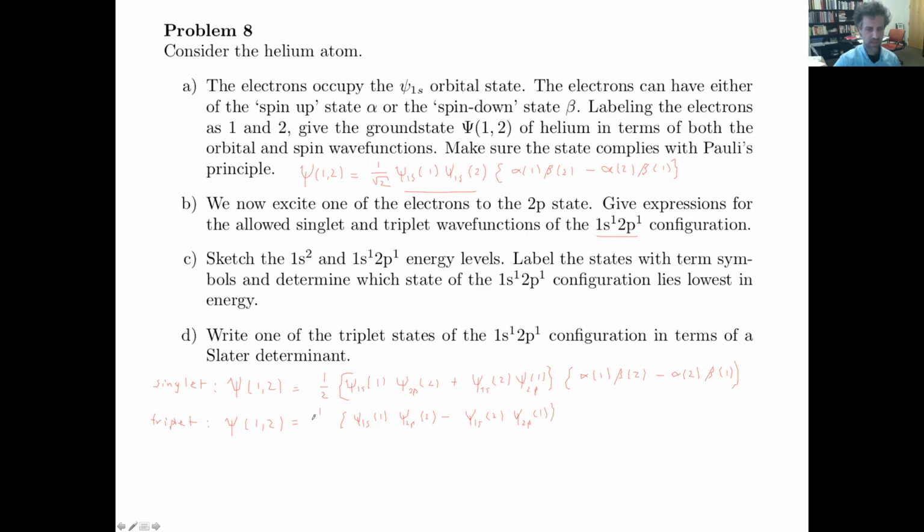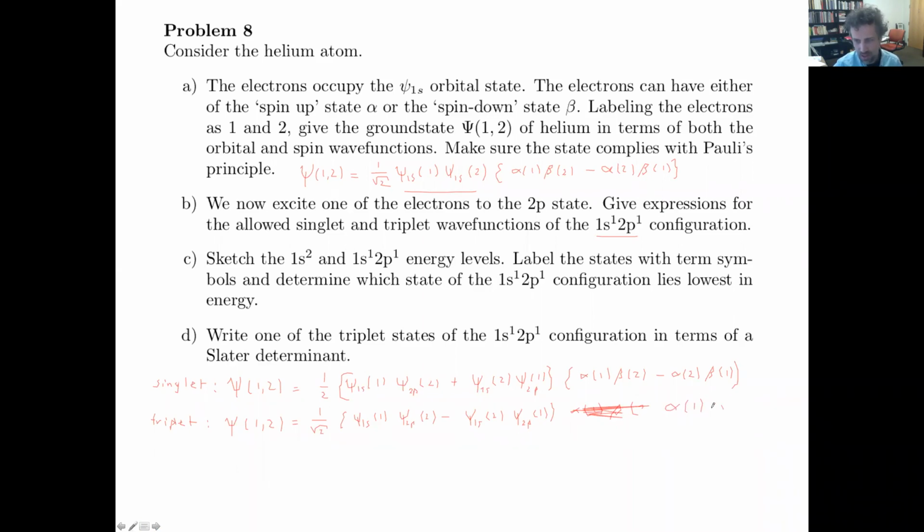I have to multiply that with one of the spin states that is symmetric. Let me write this like this. I apologize, I can barely read my own handwriting here; the longer I'm writing on a single slide, the worse it's getting.